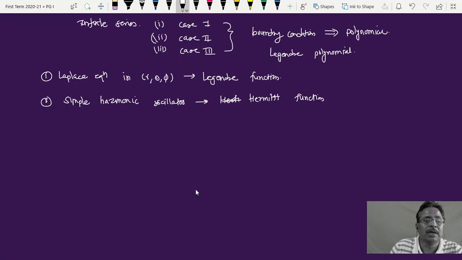And third, another very simple one in electrodynamics. Whenever we have to solve a problem in circular cylindrical coordinates, a physical problem where we need to use the cylindrical coordinate system, for example a coaxial cable.